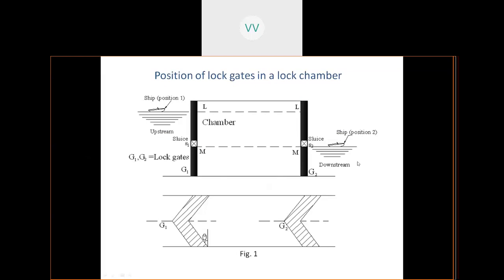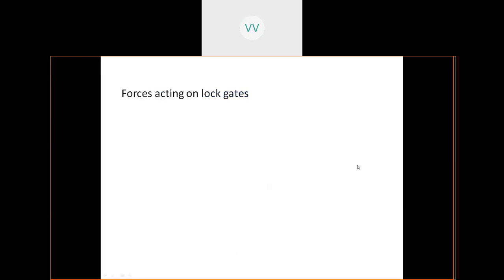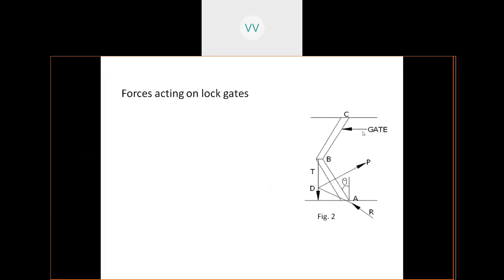So here students, let us see what are the forces acting on the lock gates. This is one gate, this is the other gate, and here the resultant pressure will be acting through, which is given by capital P, and the reaction of the gate will be to the edges.